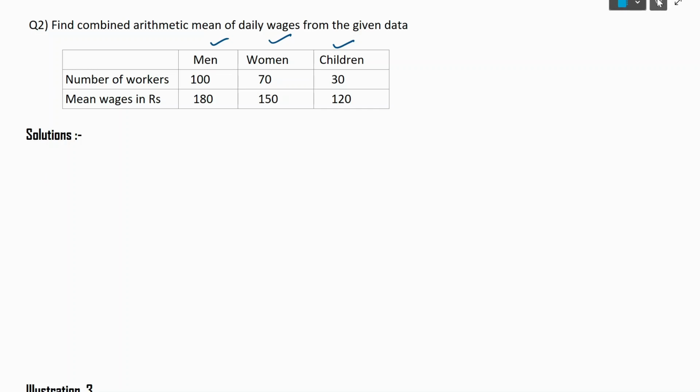Here it is clear what your N1, N2 and N3 are. Men you can take as N1, women as N2, and children as N3, with corresponding X1 bar, X2 bar and X3 bar. Now what do you want to find? You want to find X bar.